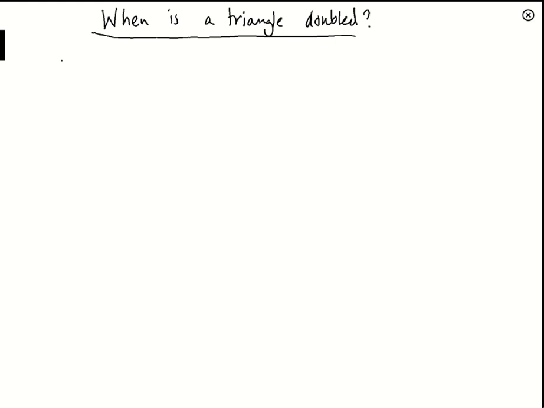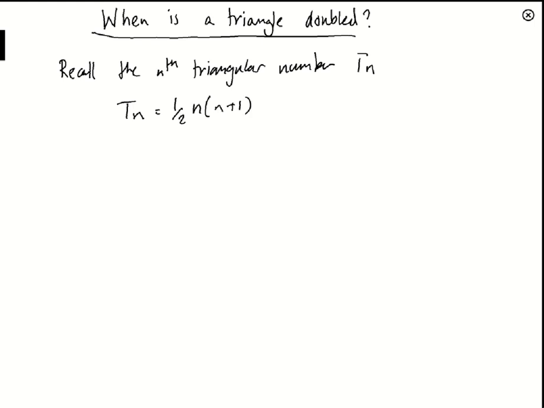Okay, so if you remember, the nth triangular number Tn is given by Tn equals half n times n plus 1.